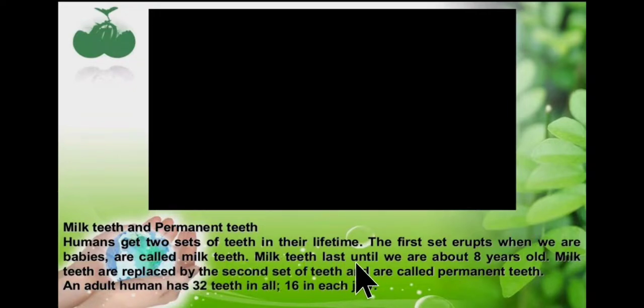Milk teeth last until we are about 8 years old. Milk teeth are replaced by the second set of teeth and are called permanent teeth. An adult human has 32 teeth in all, 16 in each jaw.